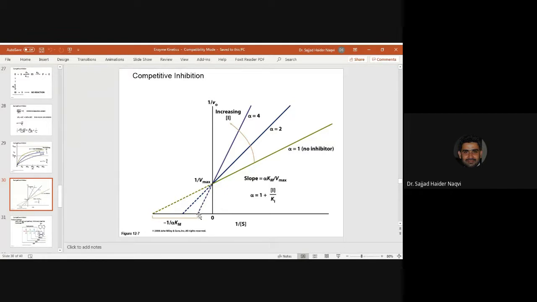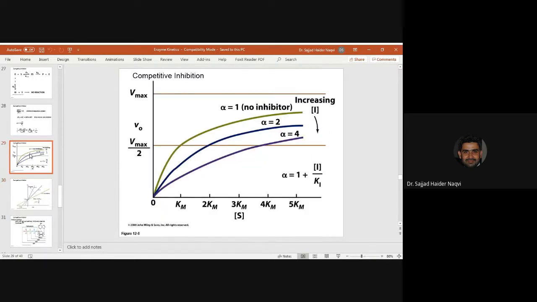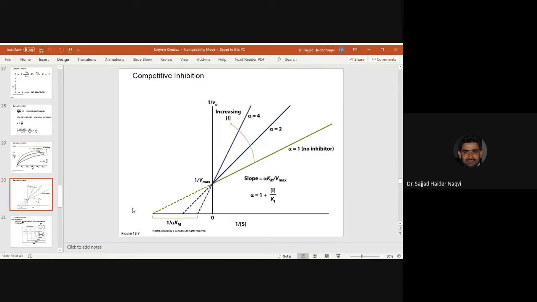So what we have seen here is that this Lineweaver plot is much easier to understand as compared to this one, because in this case, if we have to calculate the Km, we have to draw the slope to understand Km, then 2 Km, then 3 Km, and it was difficult. But in this case, it's quite simple. The intercept on the x-axis gives you the Km value. So this is the least Km value, which is in the absence of inhibitor. When you have alpha 2, the Km value is increased.